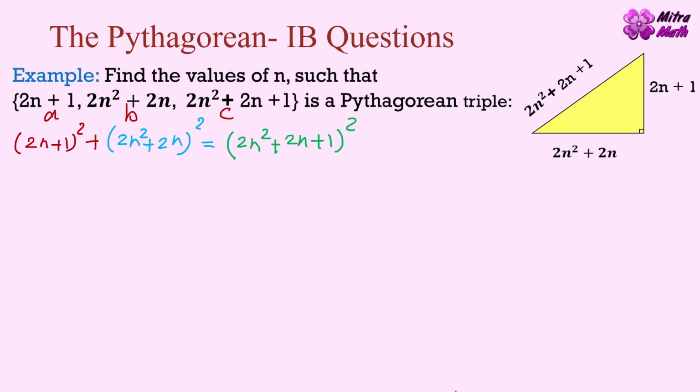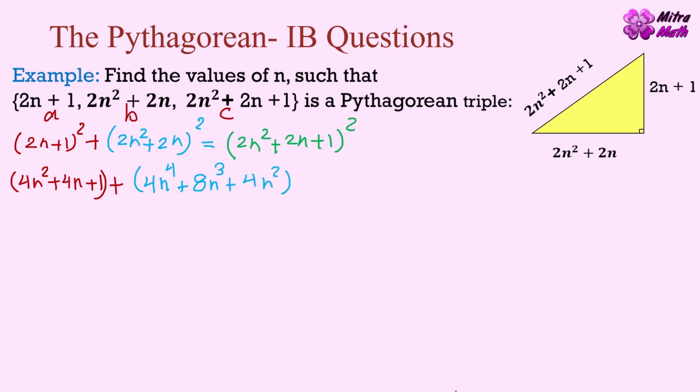Let us start with the first one. So following the identity, or writing them twice and expanding, you will get 4n squared plus 4n plus 1. For the second one, we will get 4n to the 4 plus 8n cubed plus 4n squared.